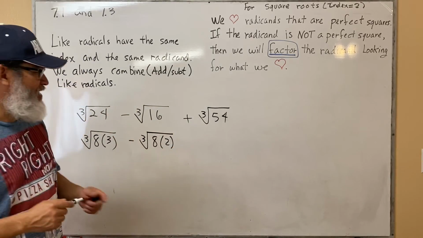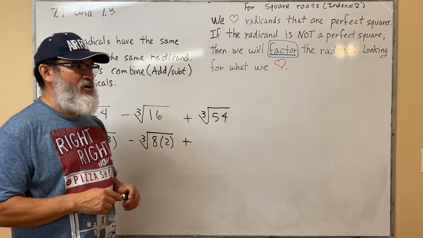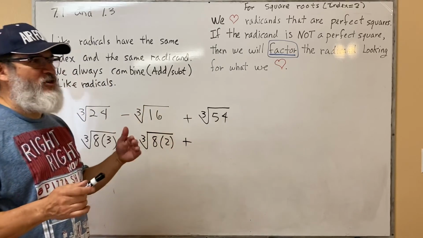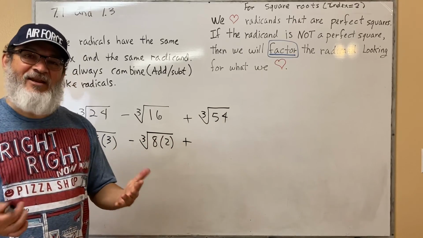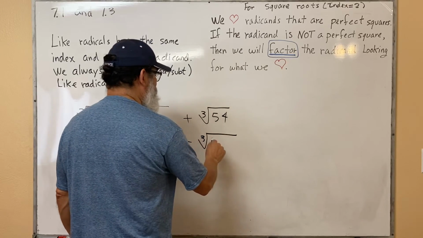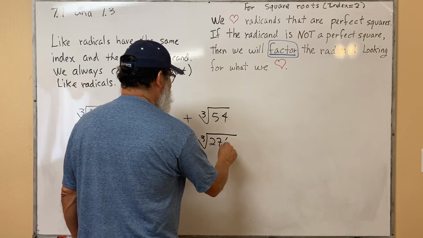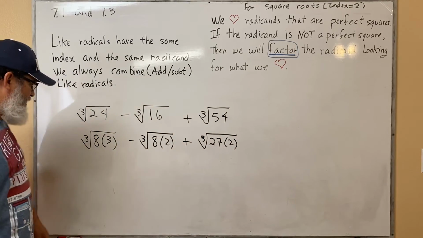That's 16. Plus, what is the cube root of 54? A factor of 54 that's a perfect cube is 27. So this is the cube root of 27 times 2.